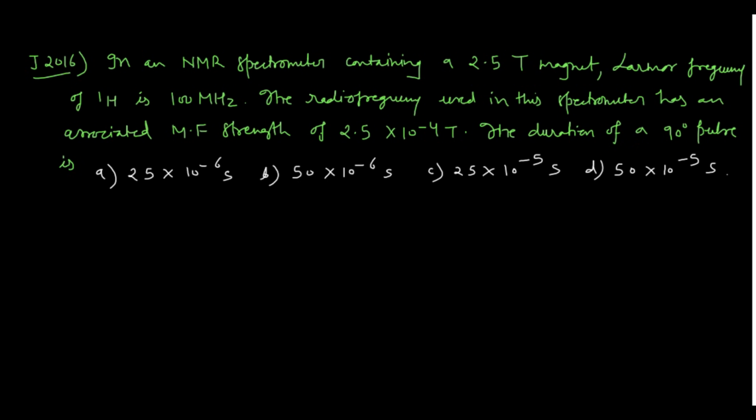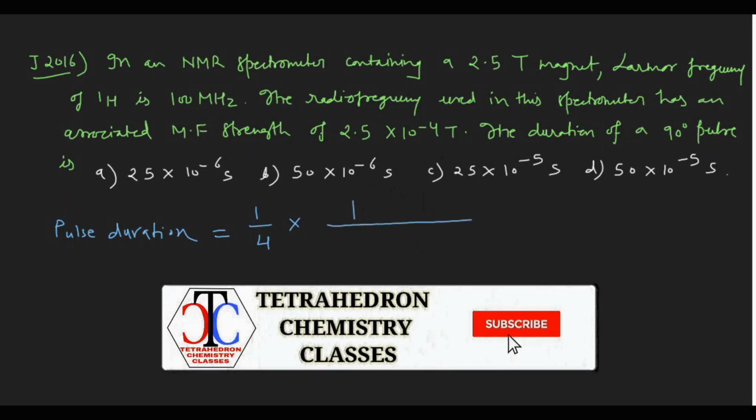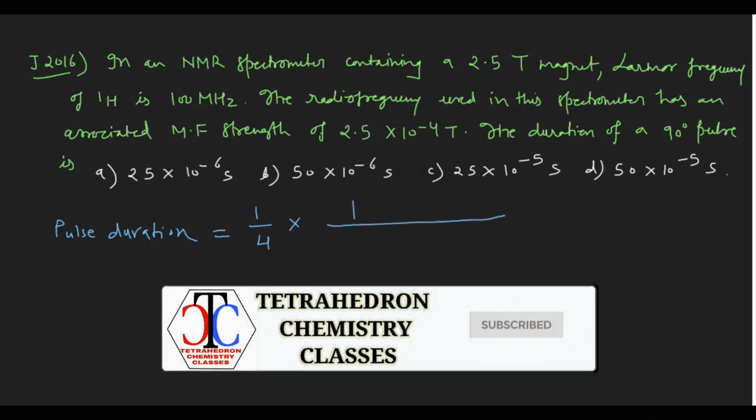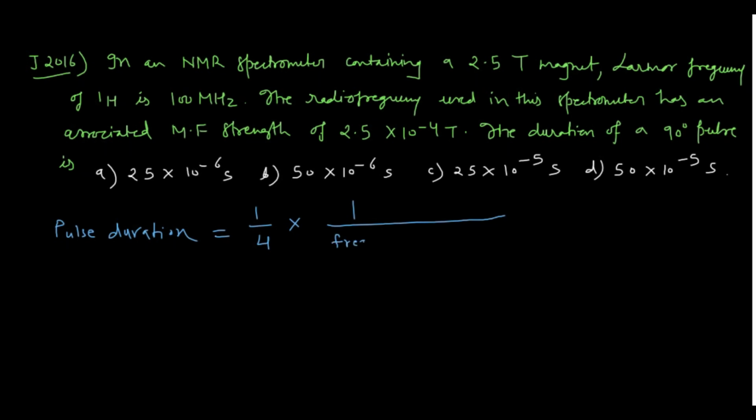First of all, you should know how we can calculate the pulse duration. For the pulse duration, we have the formula, which is nothing but 1/4 multiplied by the frequency of the associated magnetic field.